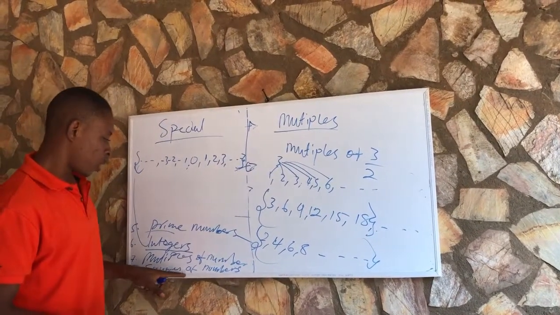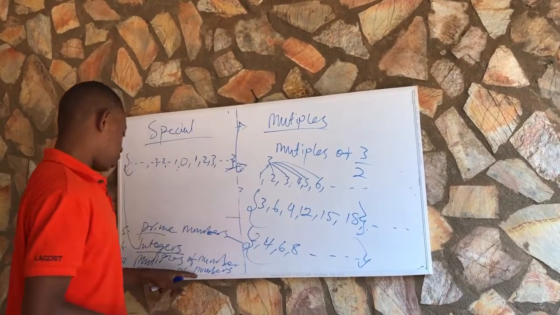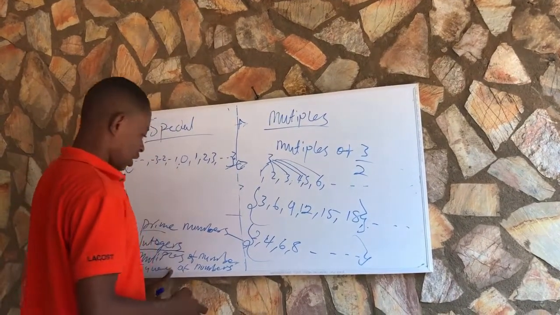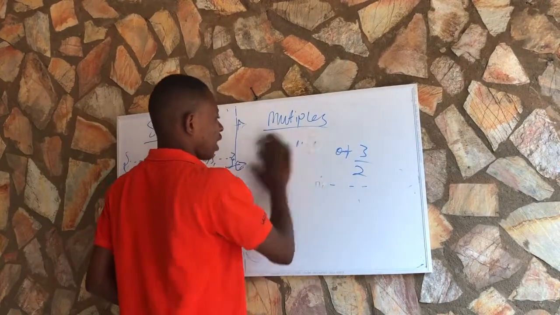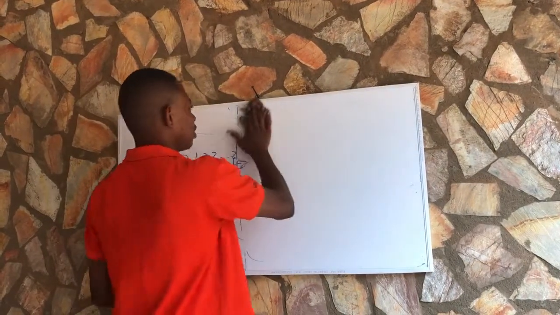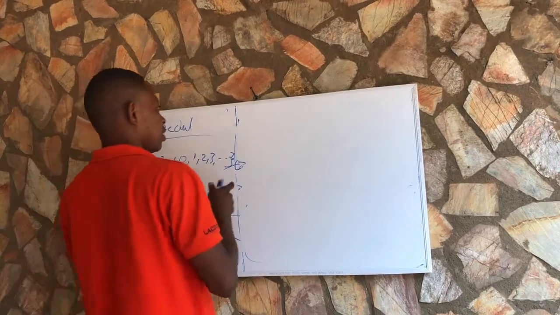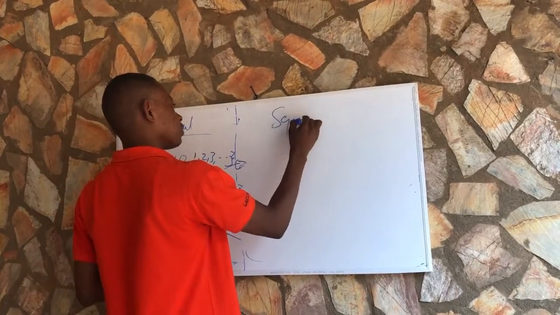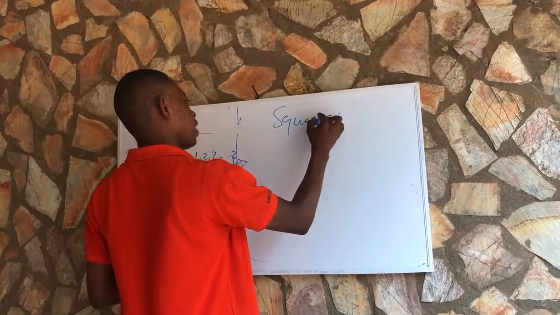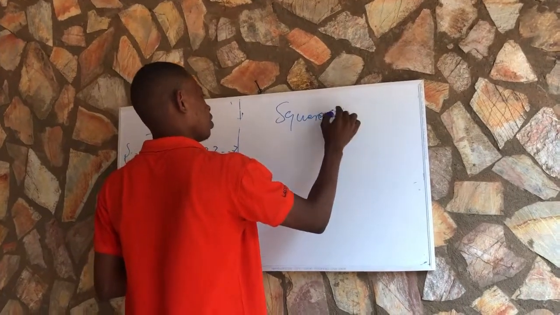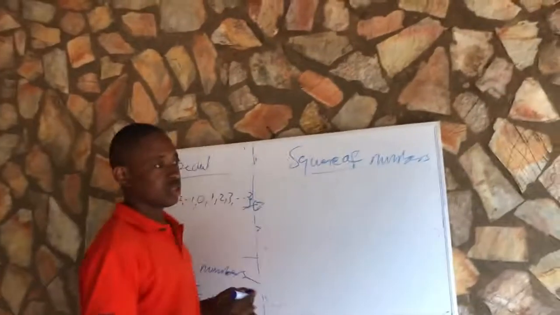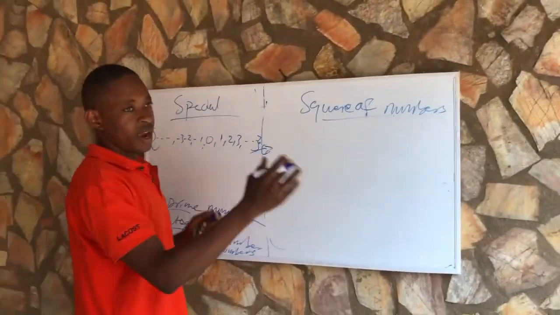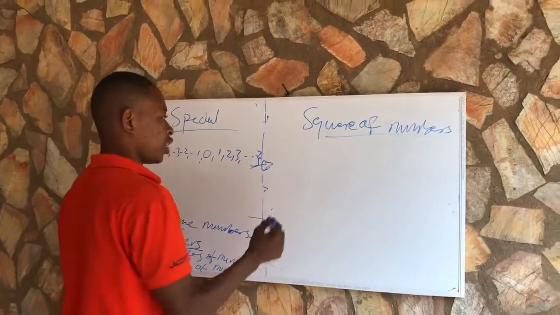Then we have square of numbers. If we want to get a set of squares of numbers, what we do is that we square all natural numbers.